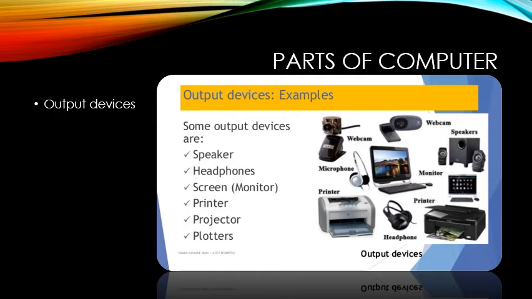Now it is giving us the information as output for the user to consume. Examples that we have listed here: the speaker and the headphones give out sound as information. The monitor gives out text or images as its own information. The printer too gives out text or images as its own information.